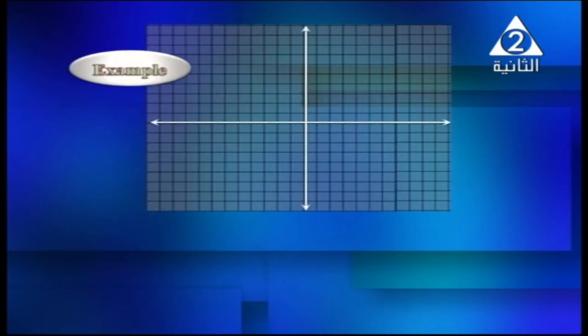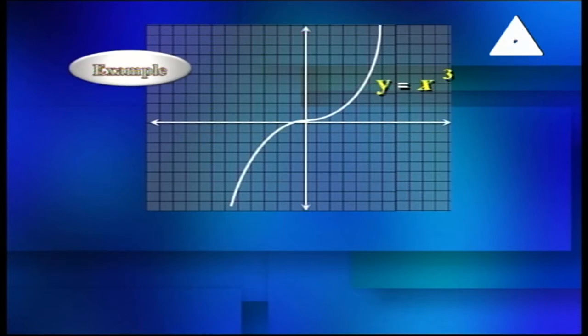My dear student, look at this example. My dear student, in this example, y equals x^3, a cubic function. Cubic function, my dear student, we studied last year in secondary. y equals x^3, the curve is in the first and third quadrants as in the opposite figure.